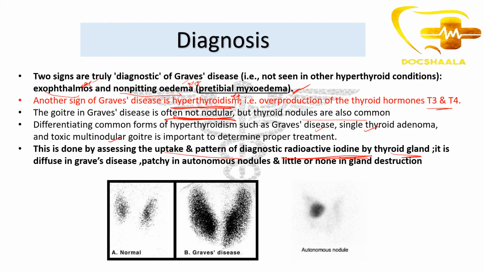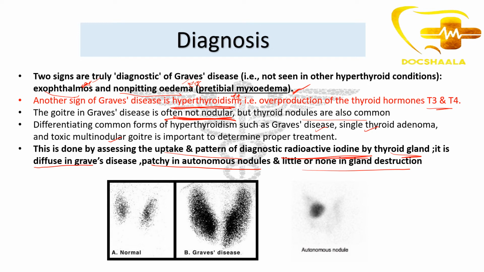The uptake is diffuse in Graves' disease, patchy in autonomous nodule, and little or none in gland destruction. We give radioactive iodine to the thyroid gland, and when it is taken up, we observe how the thyroid gland is represented by taking a thyroid scan.